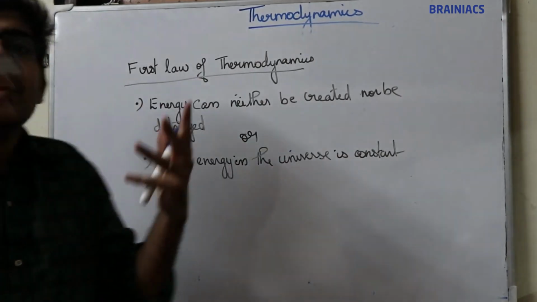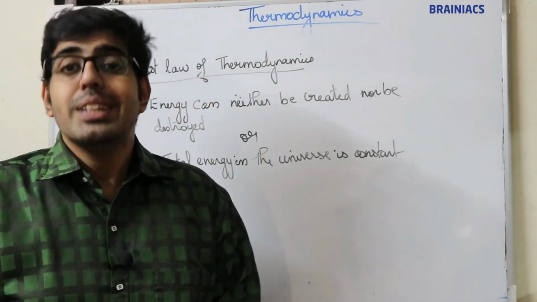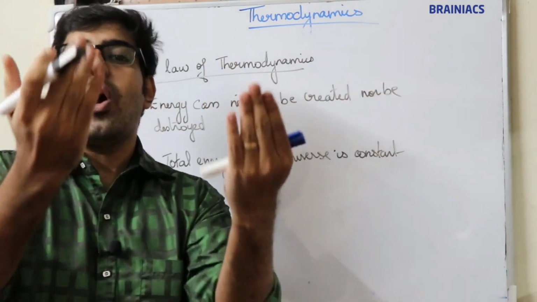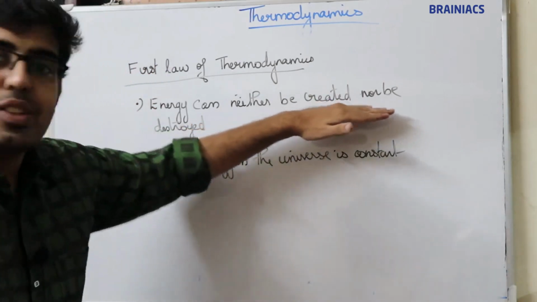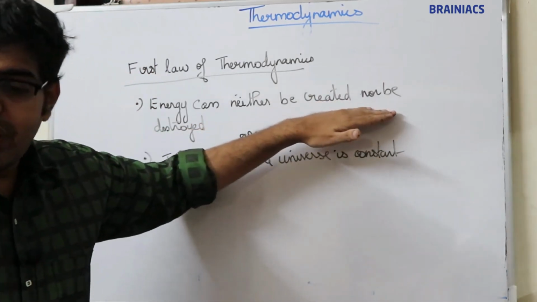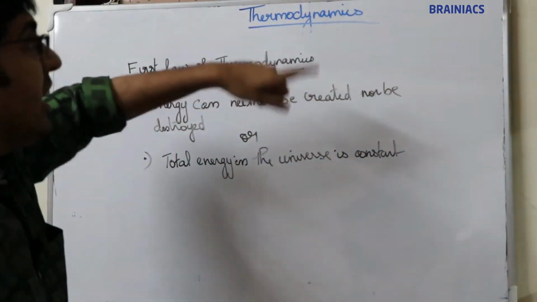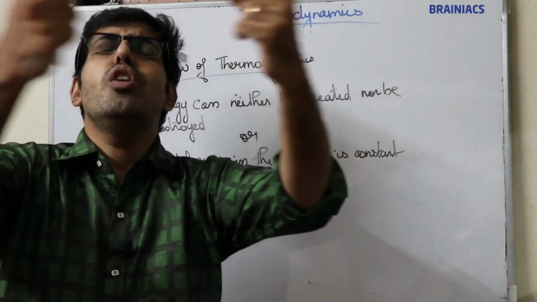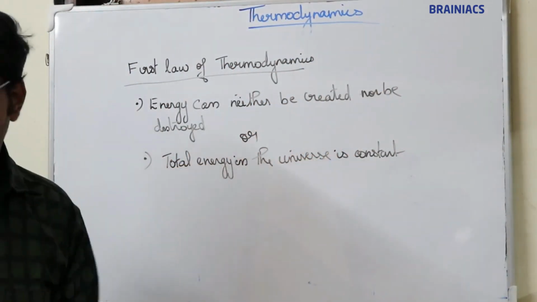That means energy cannot be created and cannot be destroyed. That means energy is always constant in this universe, right? We cannot create energy and we cannot destroy energy. That means energy inside this universe is always constant.